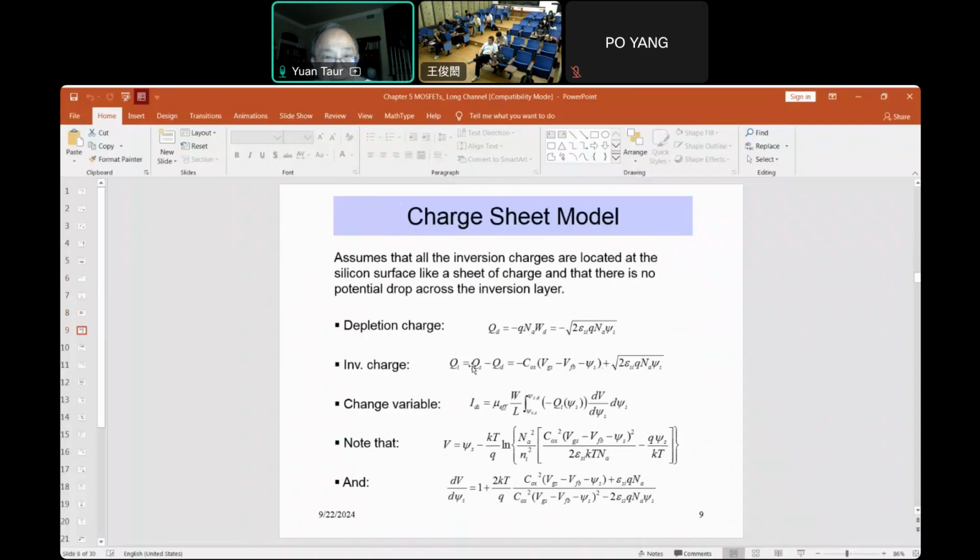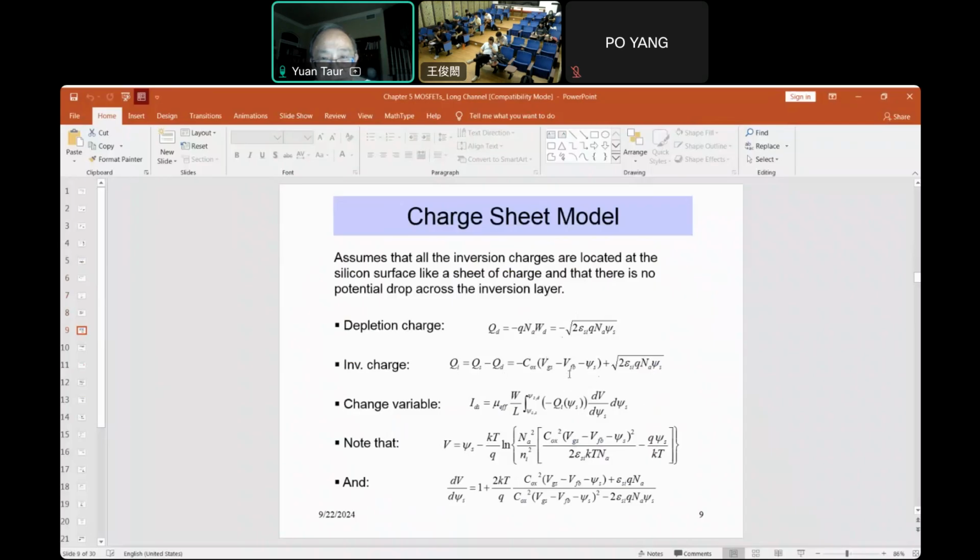So the inversion charge now becomes the total charge, this term, minus the depletion charge, which according to the charge sheet model, we apply the depletion approximation even into strong inversion. It's shown here. So this allows Qi to be expressed as a function of psi s.